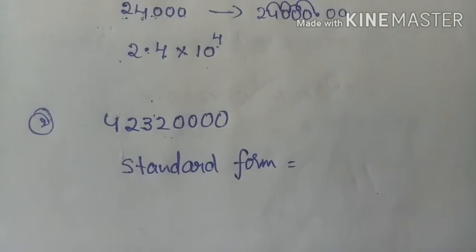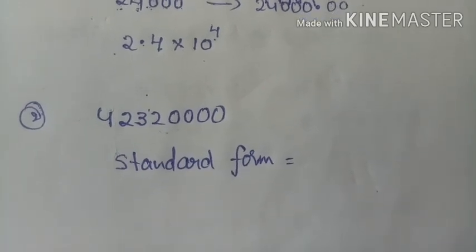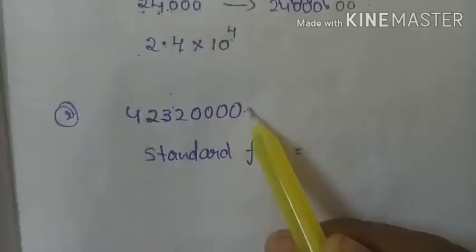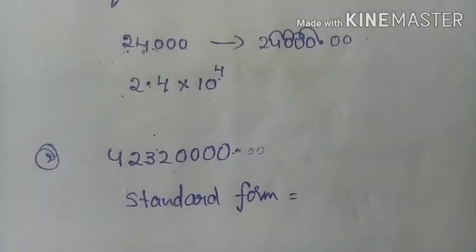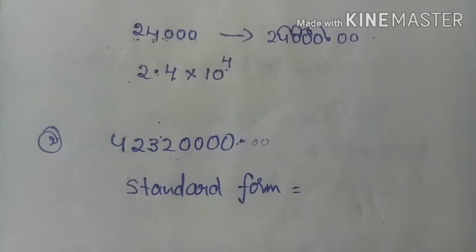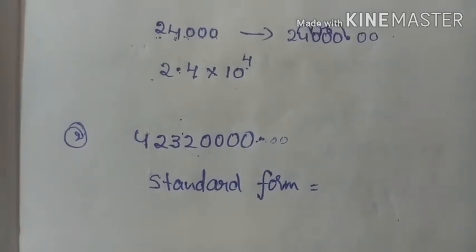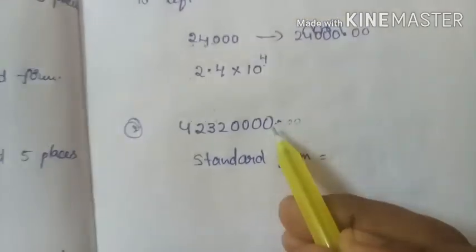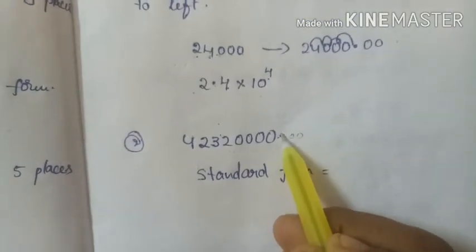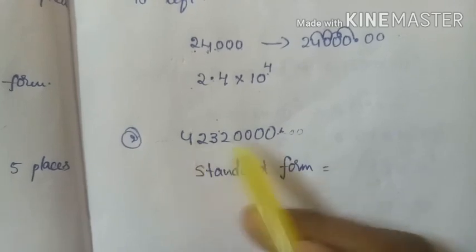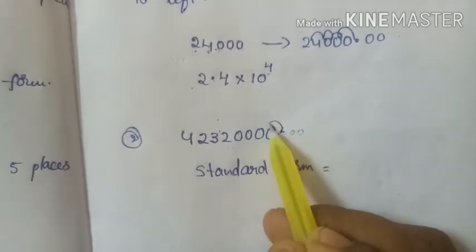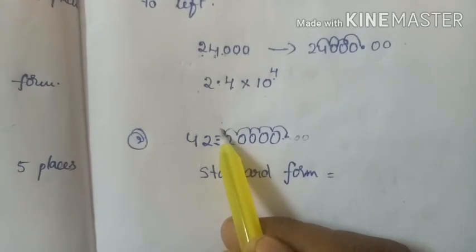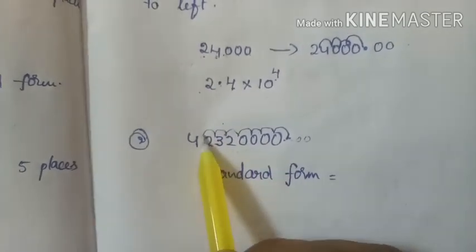So first, just check: where is the decimal? There is no decimal here, so we will keep the decimal at the end. Now we want the decimal point so that the decimal number lies between 1 and 10. So we have to jump from the decimal, from right to left side: 1 jump, 2 jump, 3 jump, 4 jump, 5 jump, 6 jump, and 7 jump.